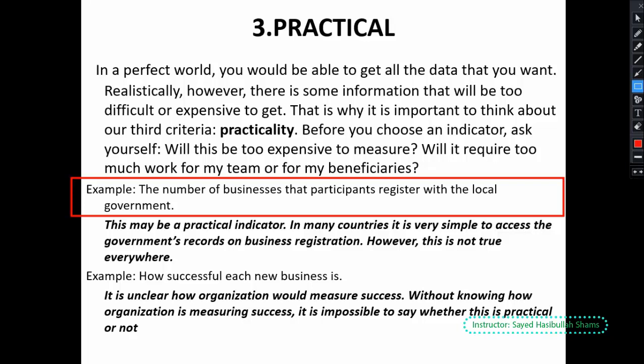While if we measure how successful each new business is, this cannot be measured very easily. Therefore, it will take time to measure the success, so we must do an evaluation for this.